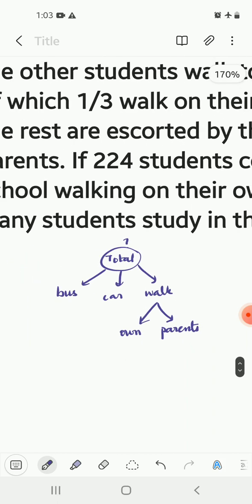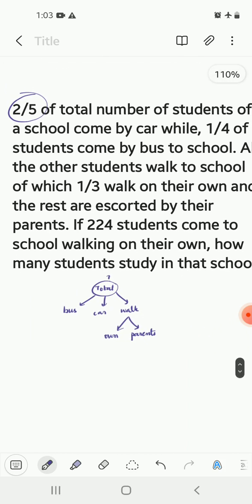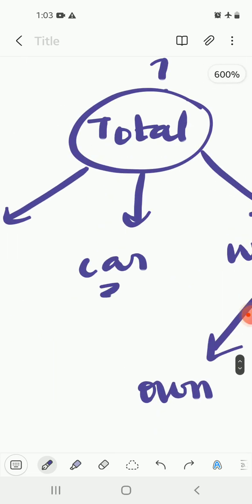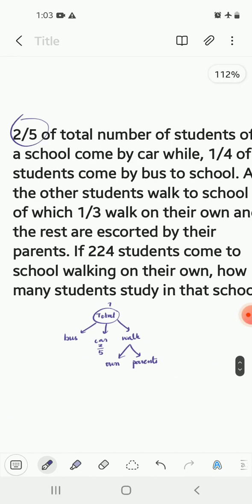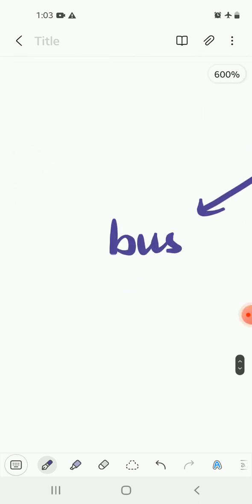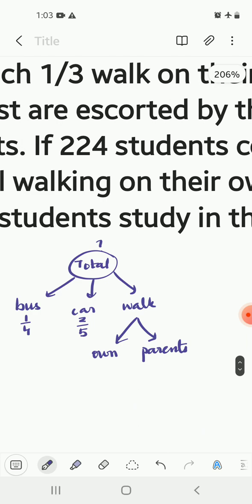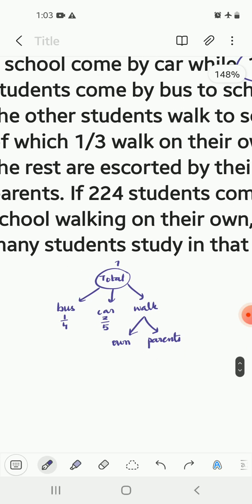Now see what information is given: 2 by 5 of the total number of students of a school come by car. So 2 by 5 come by car, and so this is done. 1 by 4 come by bus. So here we have 1 by 4, and then we come to the last point, that is how many students come by walking.